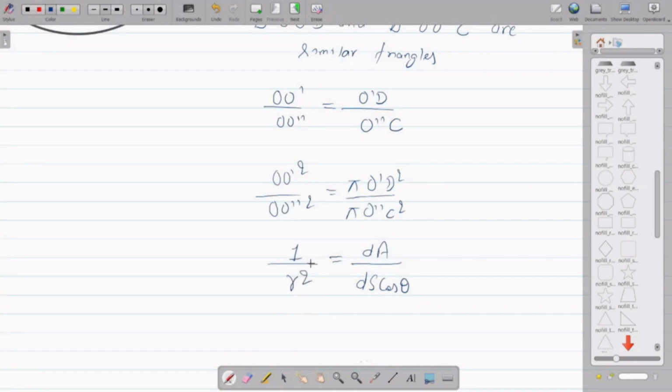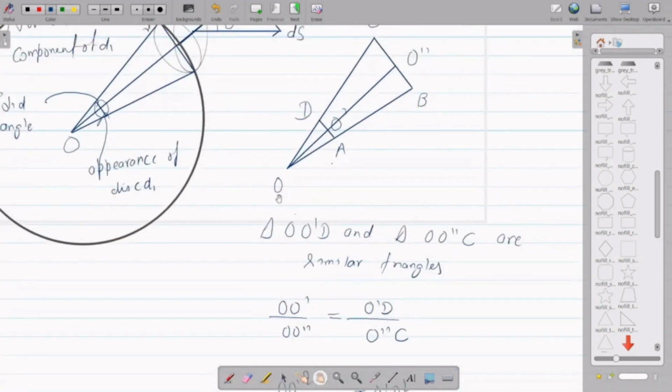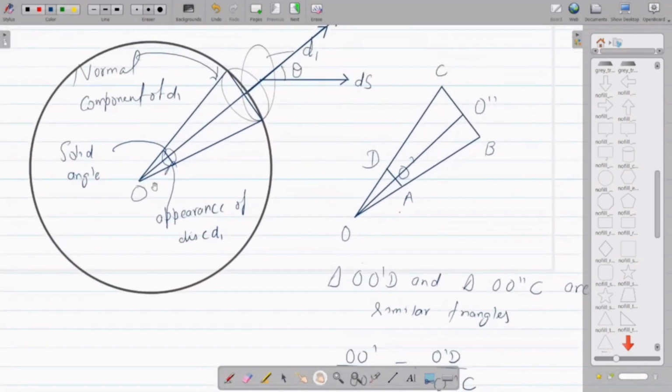Now you should ask a question: why am I taking this OO dash equal to unity? If you see this diagram very closely, OO dash is this much distance. I'm taking this as unity because this is basically the appearance of the disk D1, which is extremely close to the eye.